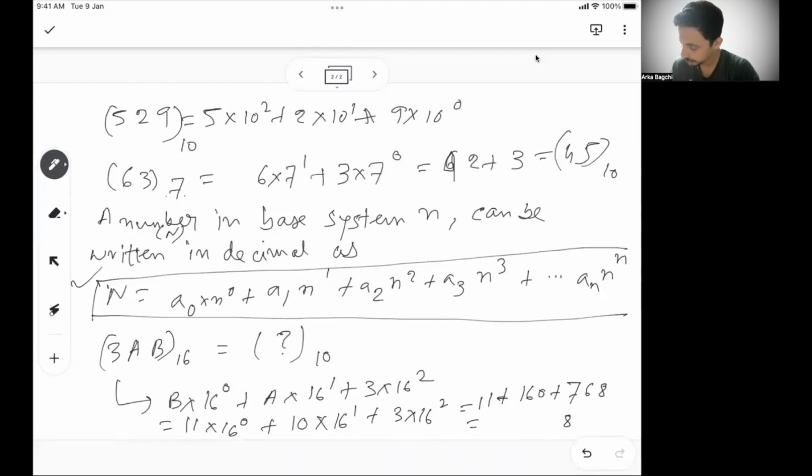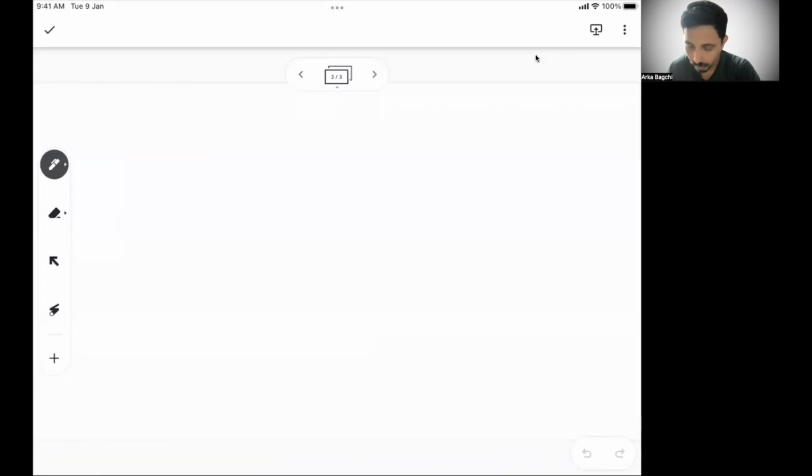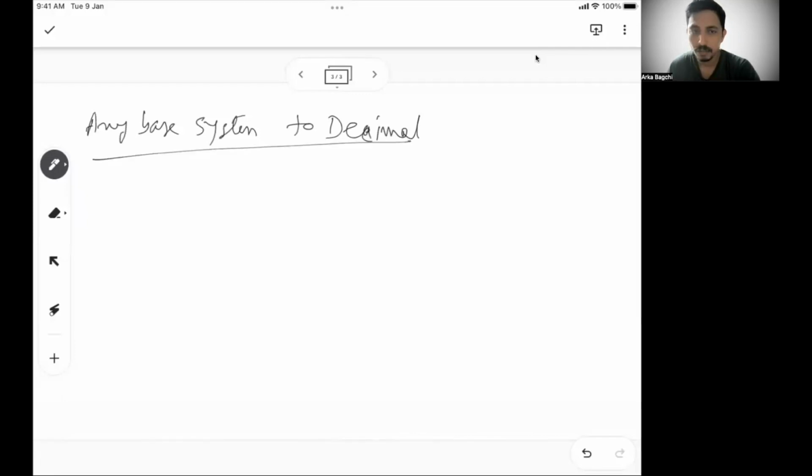So we can write this as 939. 939 in base system 10 converts into 3AB in base system 16. So this is the most common format of writing a number from any non-decimal base system to decimal base system. So now you can understand how to write from any base system to decimal, right?